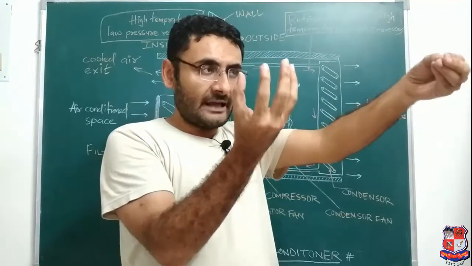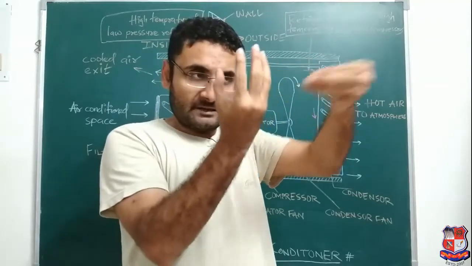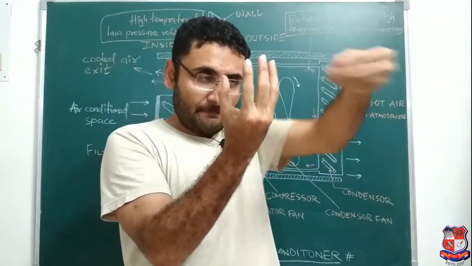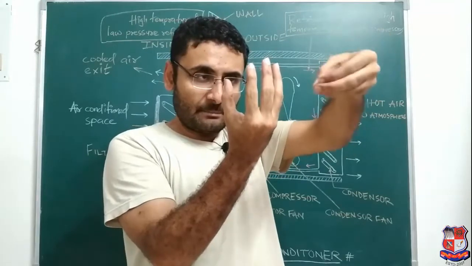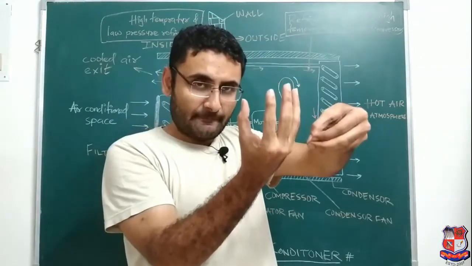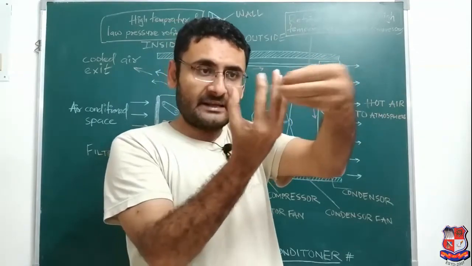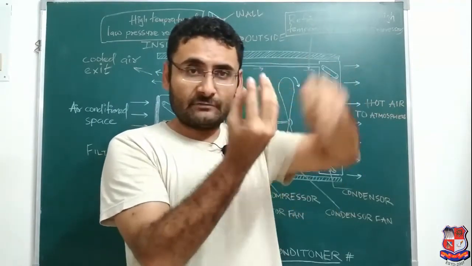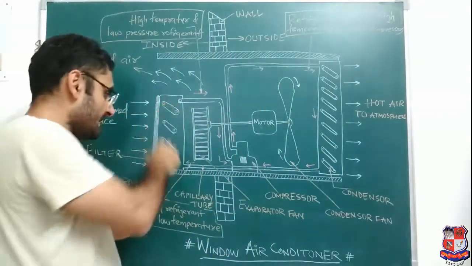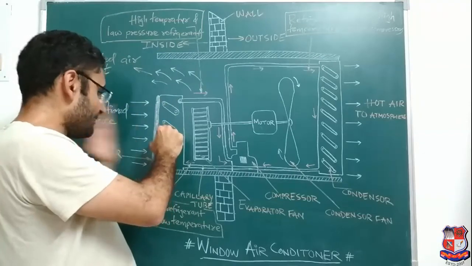So when hot air comes in contact with that cold surface, what happens? In the hot air, whatever water vapor is present will reduce its temperature, and if the vapor reduces its temperature, it will convert into liquid, and that liquid will stick at the outer periphery of the glass. In a similar manner, that is your evaporator, just like a cold glass, and that is your atmospheric air.